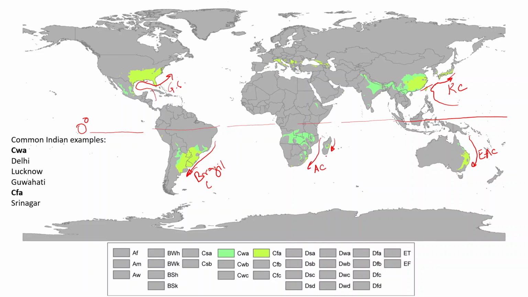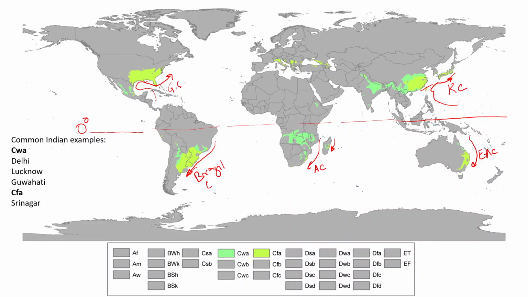So all the warm currents, they run through the areas where the CFA type of climates are found. These warm currents assist in the wet type of climate and give a substantial amount of heat to keep the temperatures above 22 degrees Celsius.